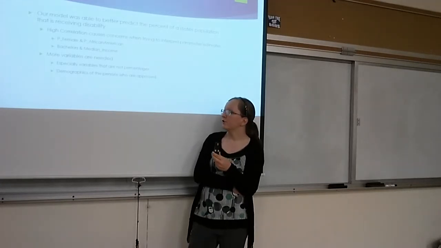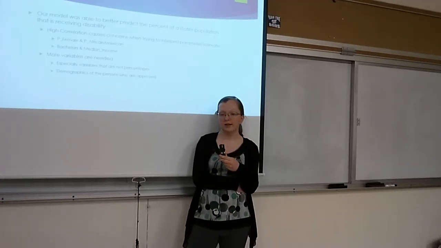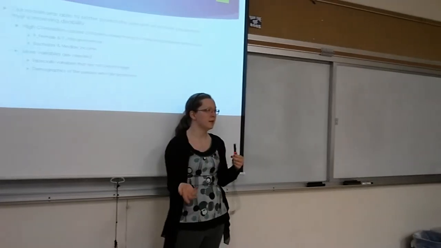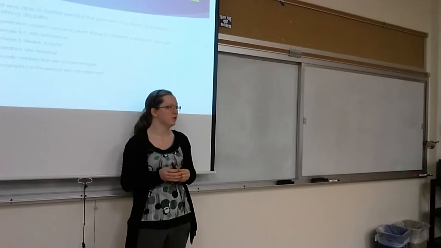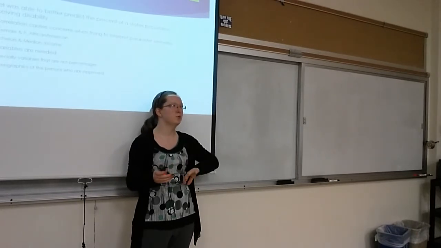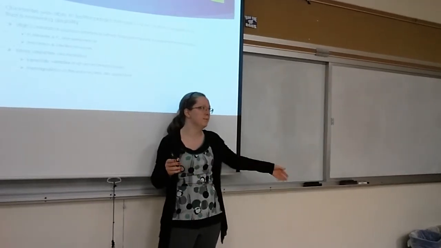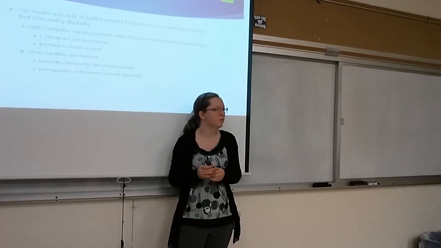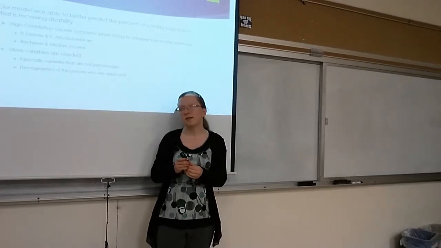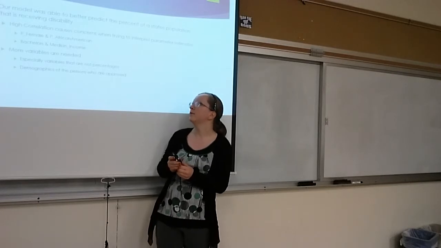One thing we were also trying to do was stick to statistics that you could get at the beginning of the year to predict the disability throughout the whole year, so you could do it ahead of time, which is why we removed things like adult filing, which would be a better predictor. But you won't know that until you already know the number of people who filed. So that also really limited what we could use.